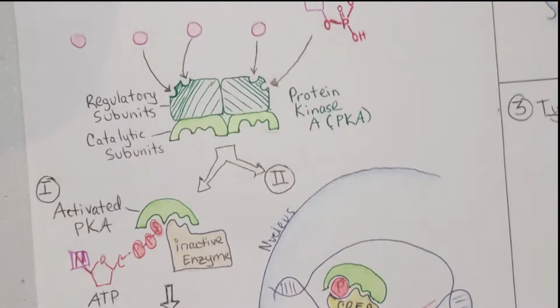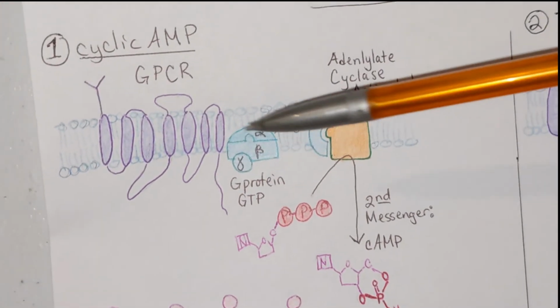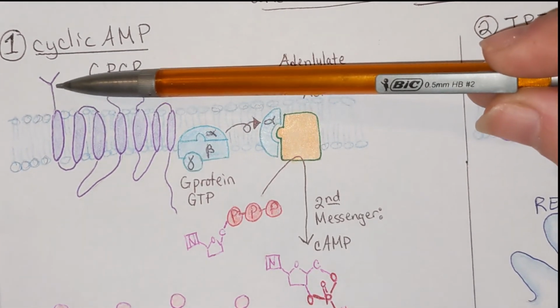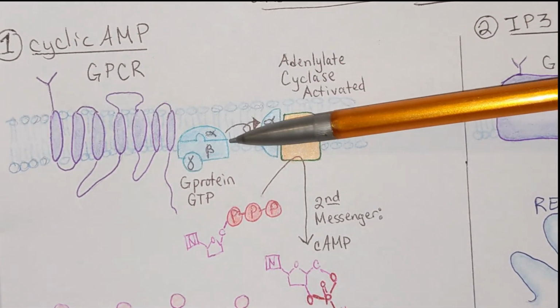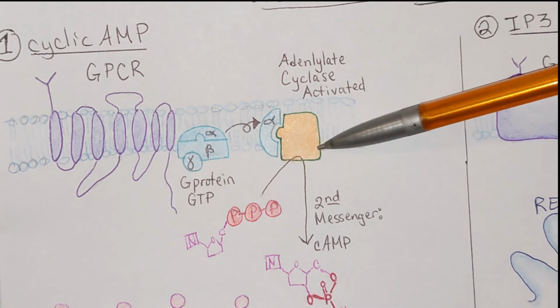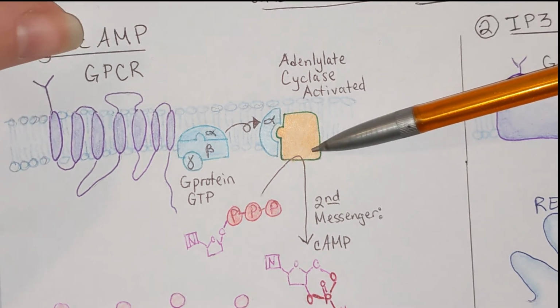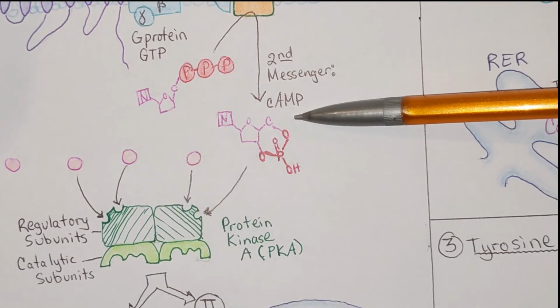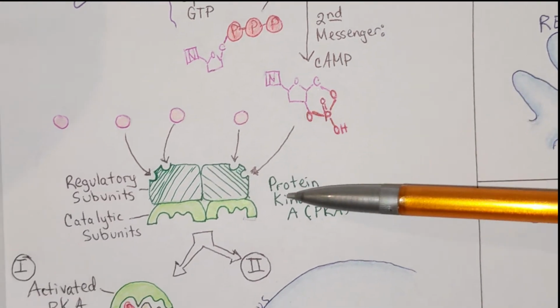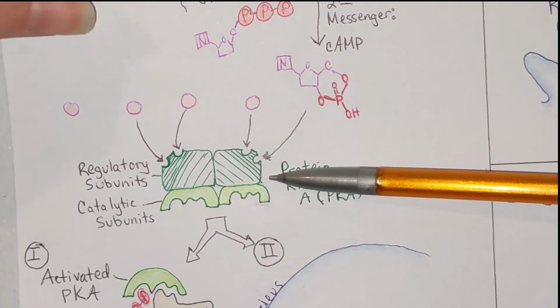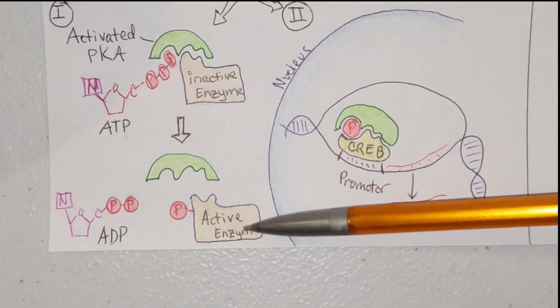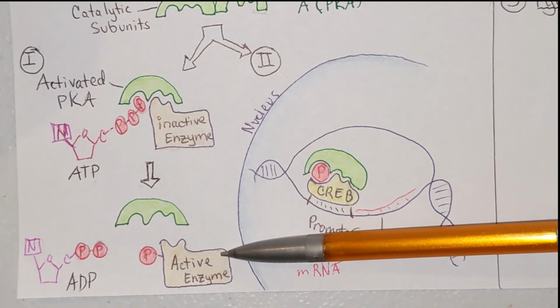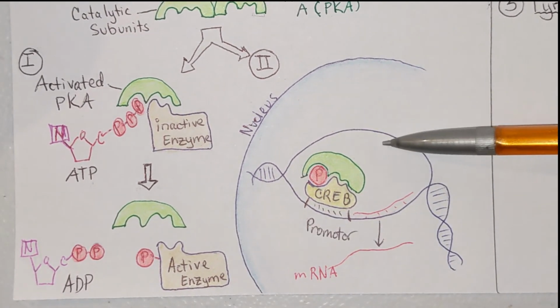And so, to summarize, the hormone activated a G protein, which activated an adenylate cyclase, which produced a lot of the second messenger called cyclic AMP, which activated protein kinase A, which can phosphorylate enzymes, and it can act as a transcription factor.